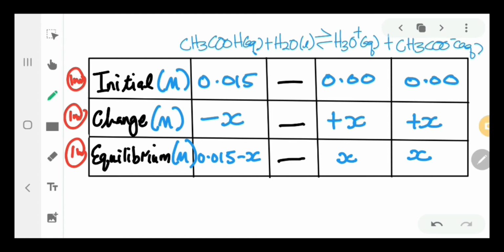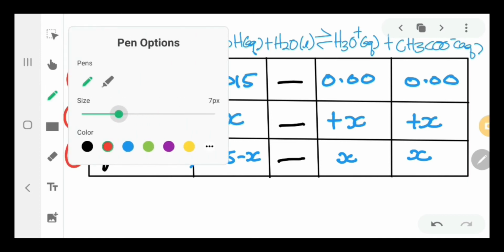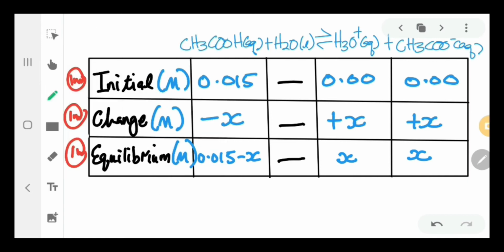Okay, next we're going to write the Ka expression. You need to remember to write the Ka expression for the reaction on top.